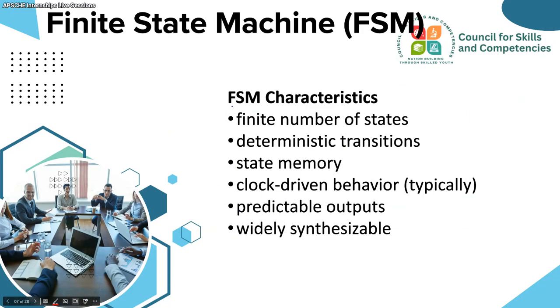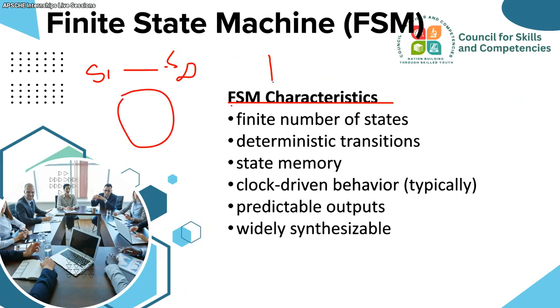Now the characteristics of finite state machines: it has a finite number of states. You cannot have infinite states. There must be a finite number of states. Suppose you want to create a system, that system can move from one state to another state.